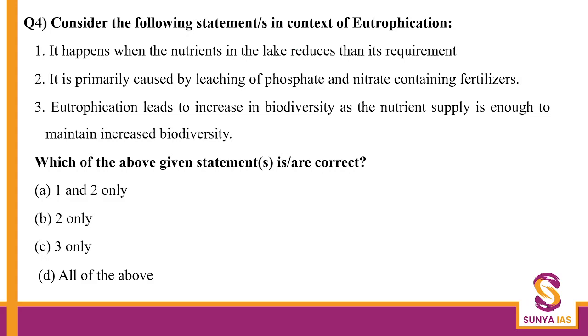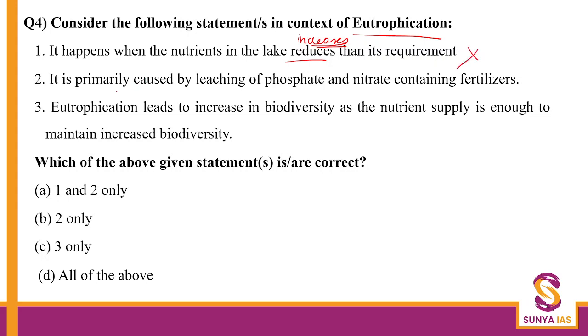Now going for question number four. Again we are asked about eutrophication. Now I think everybody would know what this is. Basically this is nutrient enrichment. Does it happen when the nutrients in the lakes reduce? No, it actually increases. So of course the first statement will be wrong here.